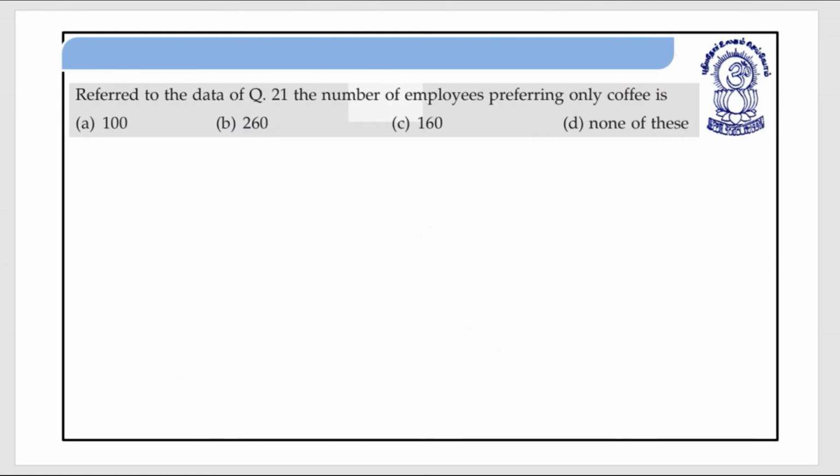Next, refer to the data. The number of employees preferring only coffee is. So here we require the employees preferring coffee.